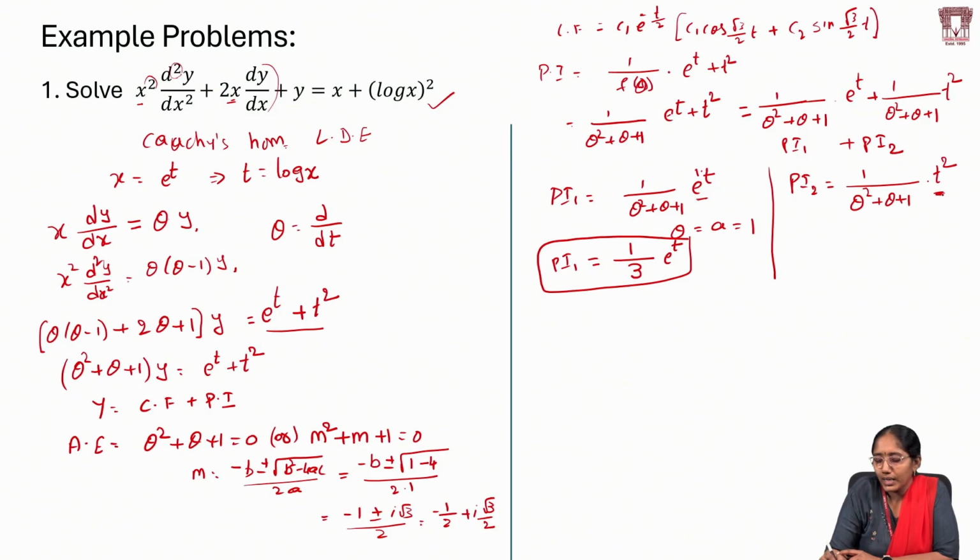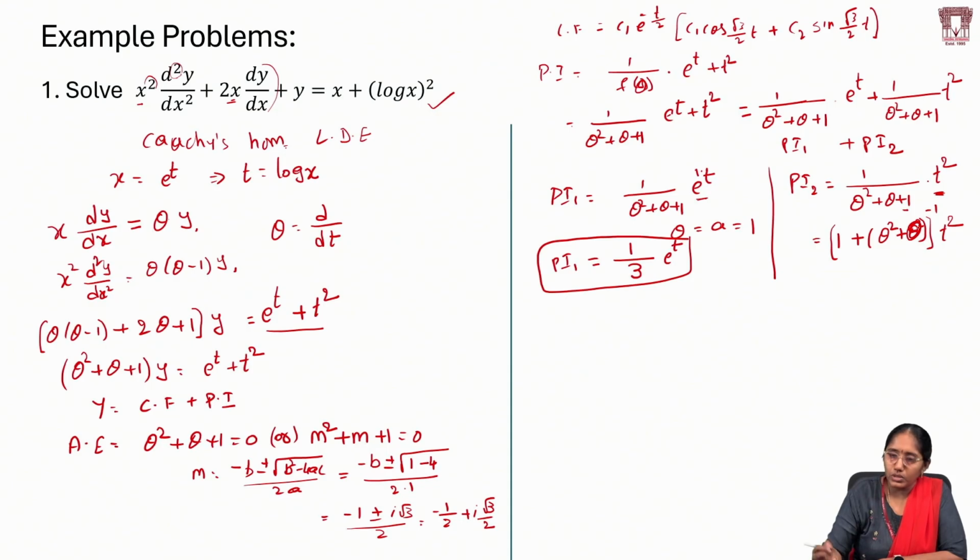For the polynomial case, we need to use binomial expansions. So here take the least degree term as common, and here 1 is there. So you can write it as 1 plus the remaining function, considered as phi of D, that's theta square plus theta, whole power minus 1 into t square.